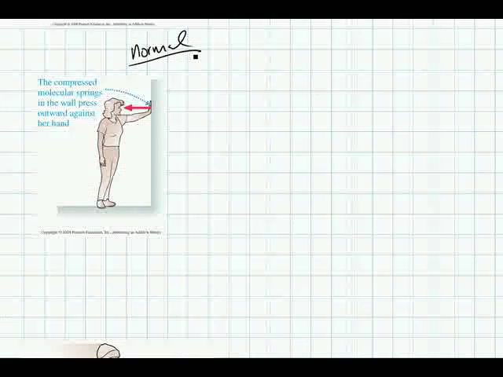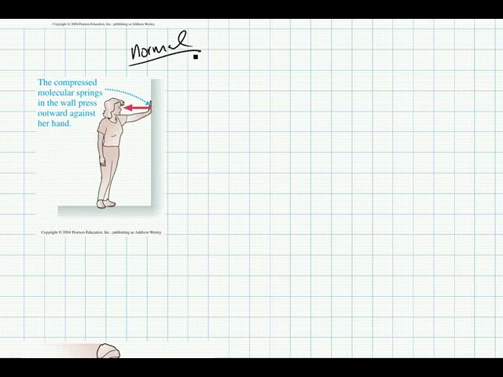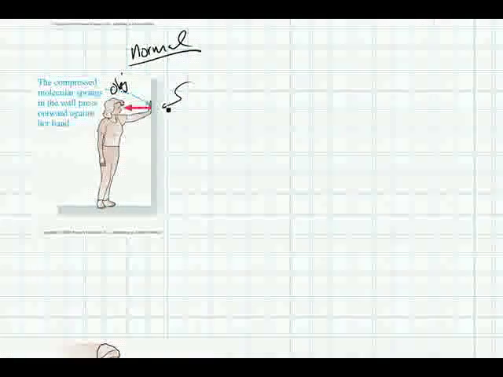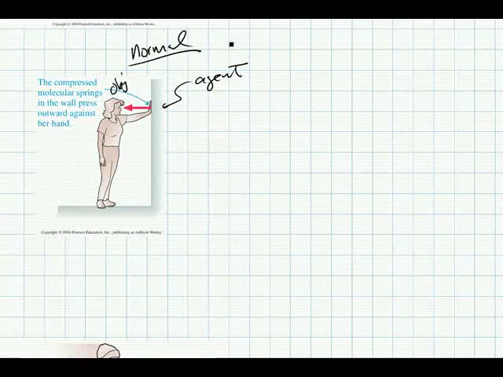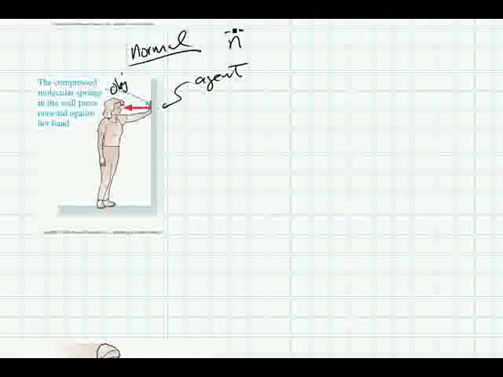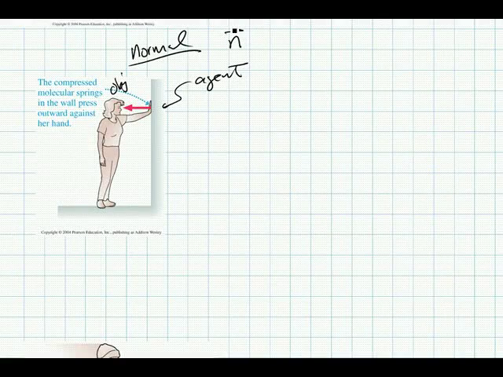If we say that Jane is our object, then there's contact between the object and the wall, so the wall becomes the agent. So Jane is the object and the wall is the agent, and the type of force that you have here is called a normal force, which we show with a little n. So whenever two objects are in contact, we have a normal force.